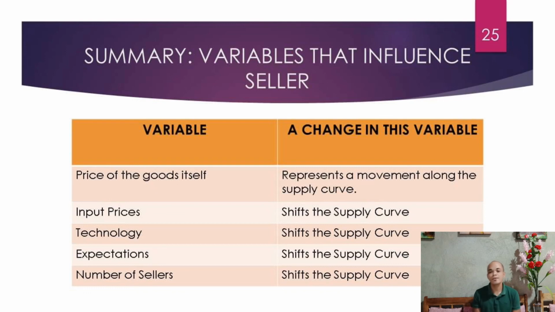In the second column, first it represents a movement along the supply curve when the price changes. Second, it shifts the supply curve when input prices change. It shifts the supply curve when technology changes. Fourth, it shifts the supply curve when it relates to expectation. And lastly, it shifts the supply curve when it affects the number of sellers.